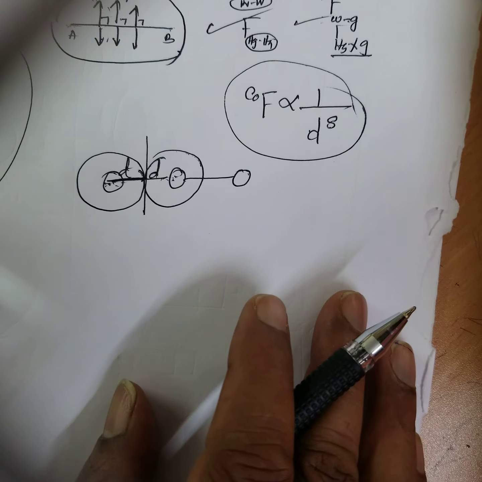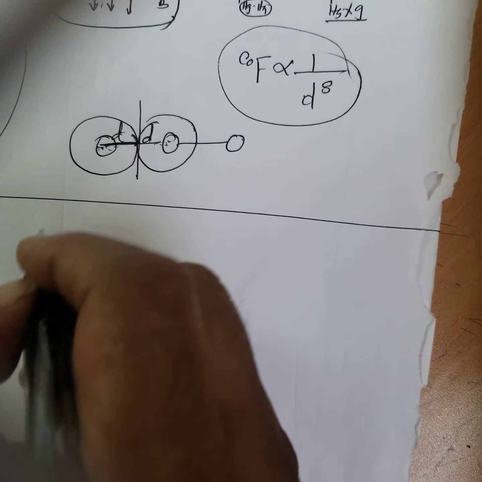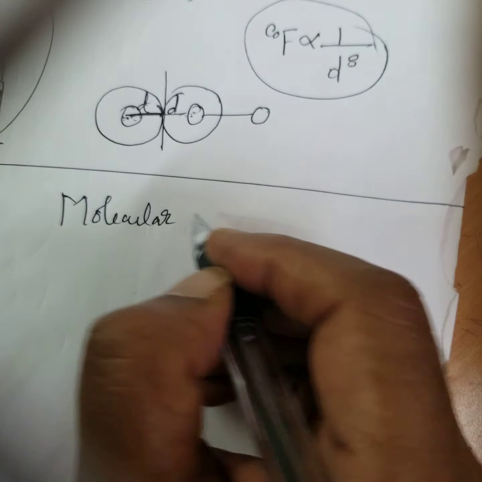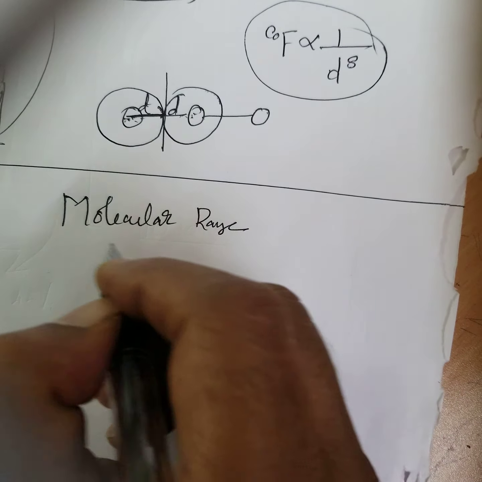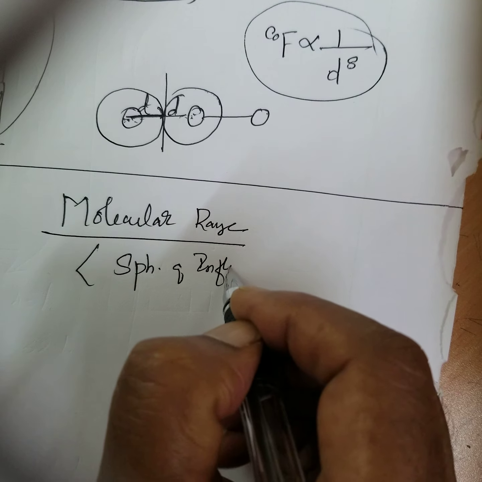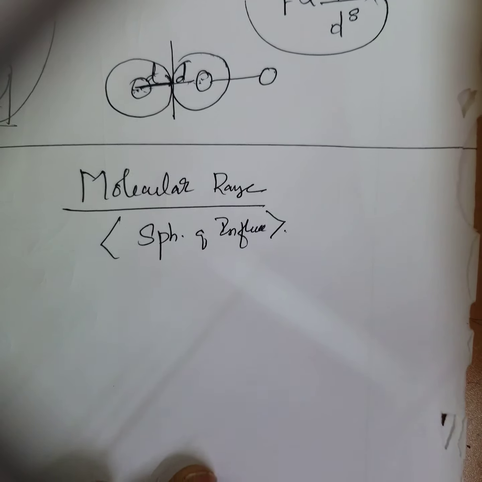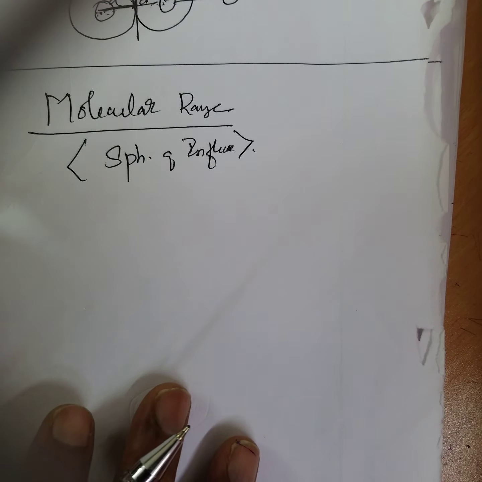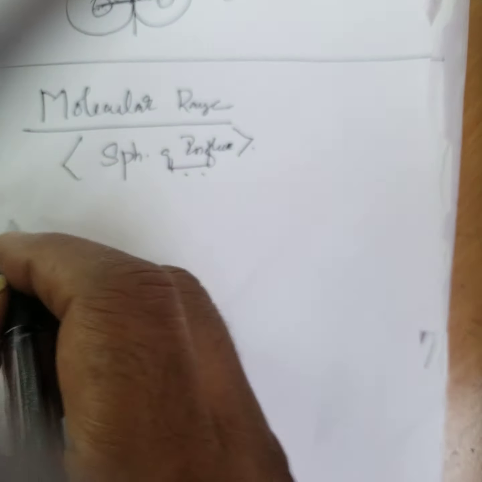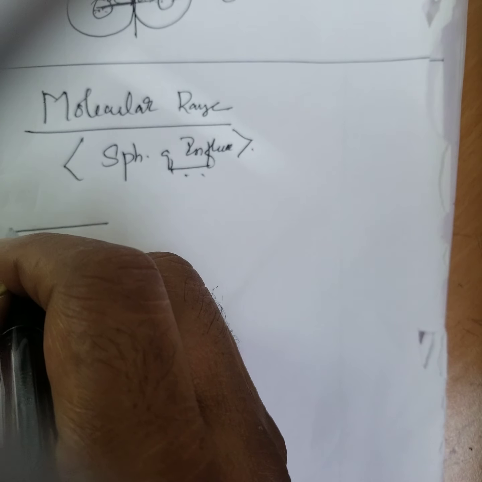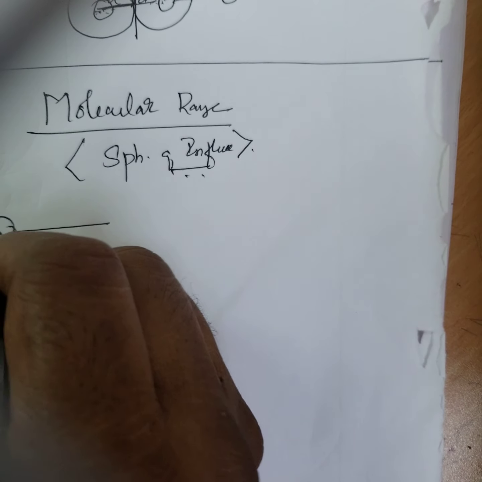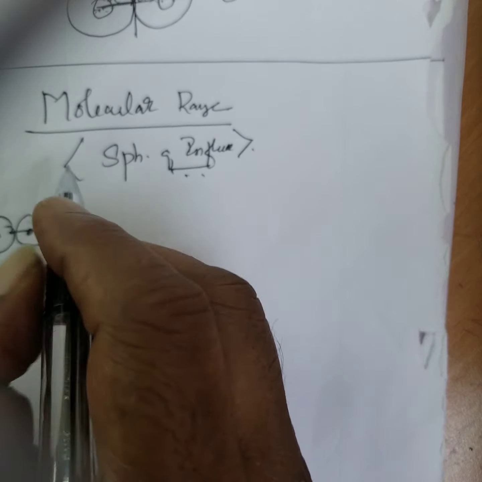Then what is called molecular range, also called sphere of influence. What do you mean by the sphere of influence? It is the maximum distance up to which force of cohesion between two molecules acts.